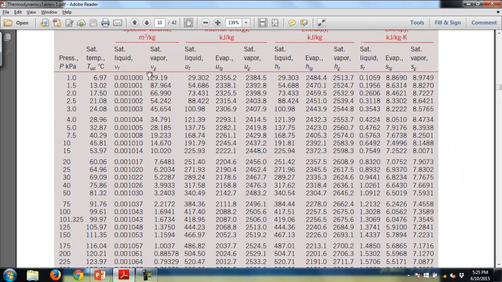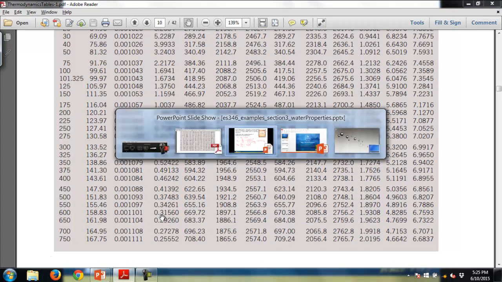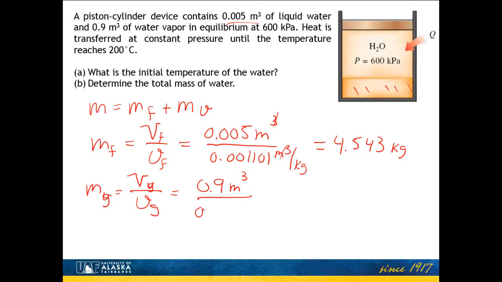And v sub g, saturated vapor, is the fourth column. So looking over my fourth column, 0.3156 meters cubed per kilogram. And that comes out to 2.852. So now we can go ahead and add that for what the total mass is.